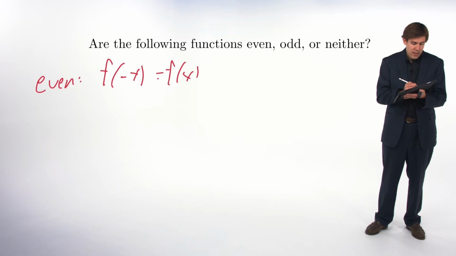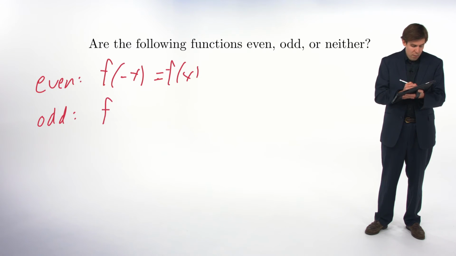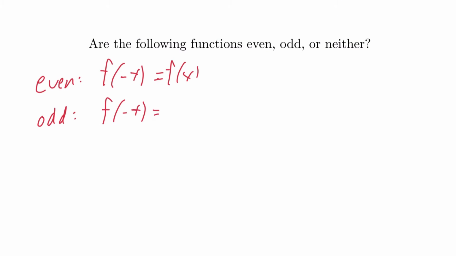One can give the formula and check whether, of course, the following holds: if f of minus x is equal to f of x for every x, or if f of minus x equals minus f of x for every x. But I can also show you pictures. So let's start with a picture.